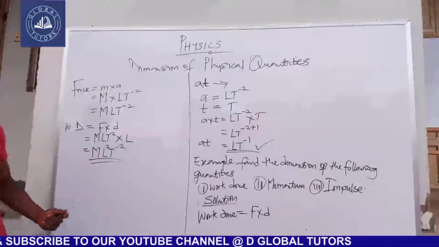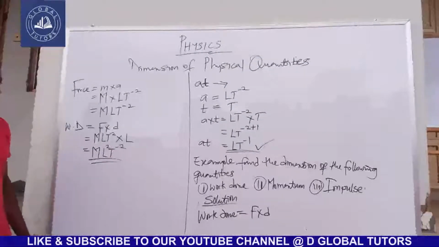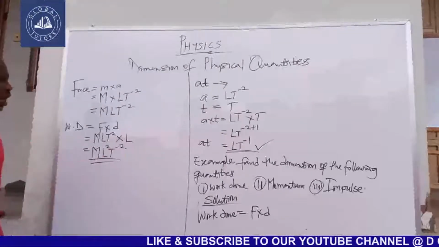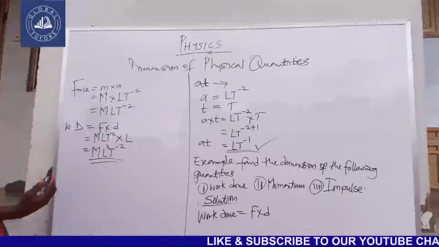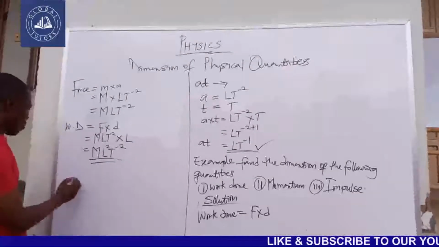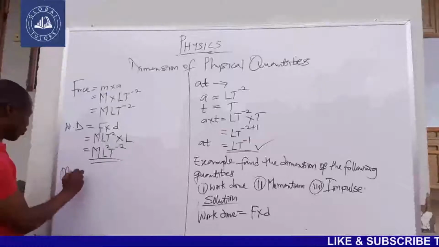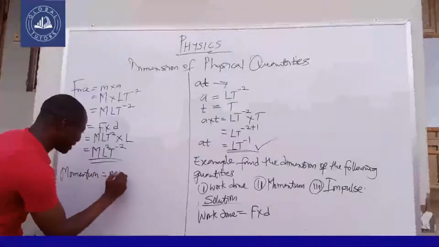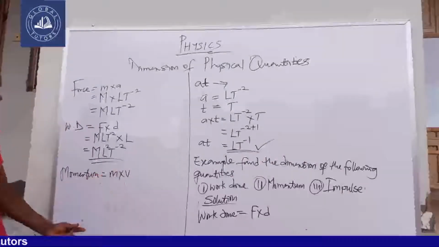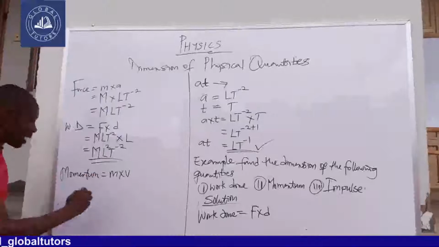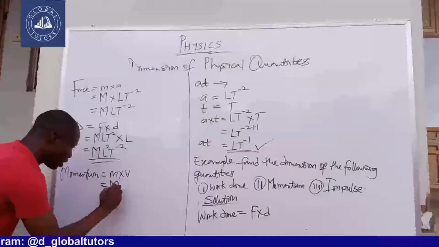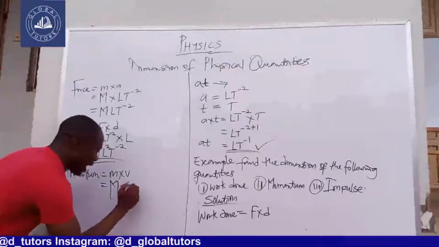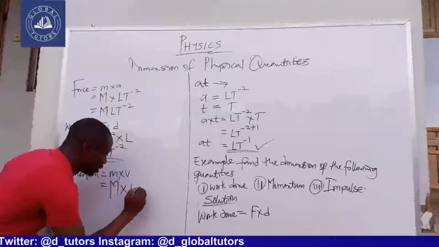The last one is momentum. Before we can derive the dimension of momentum, we must define it. Momentum is the product of mass and velocity. Momentum equals mass times velocity. And we know the dimension of our mass to be capital M. Our velocity has been derived before, which is LT minus 1.